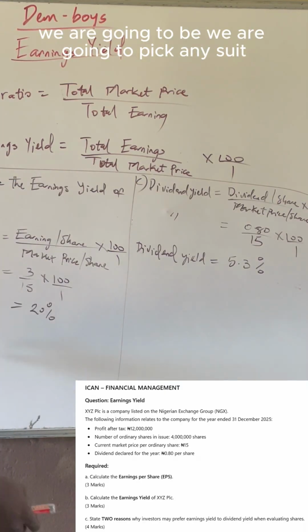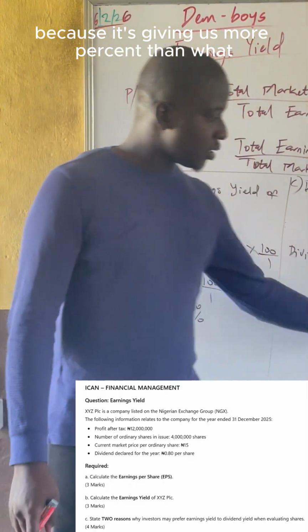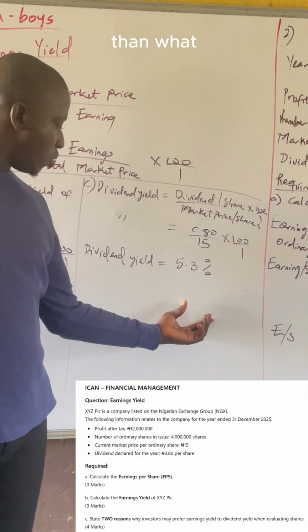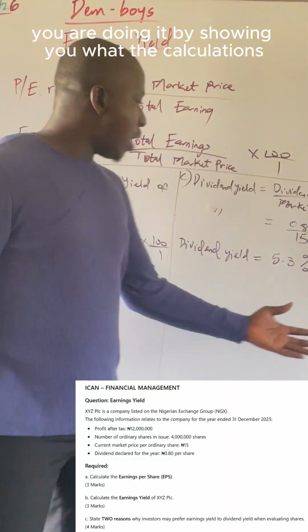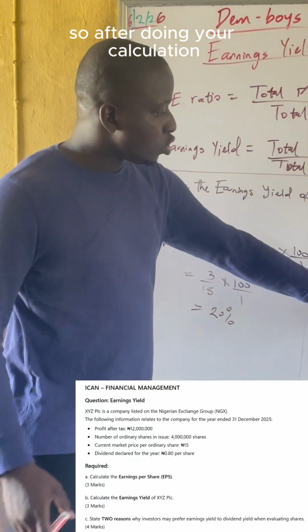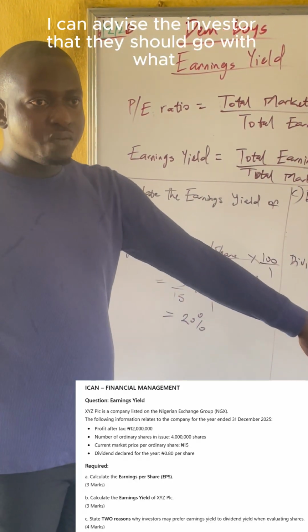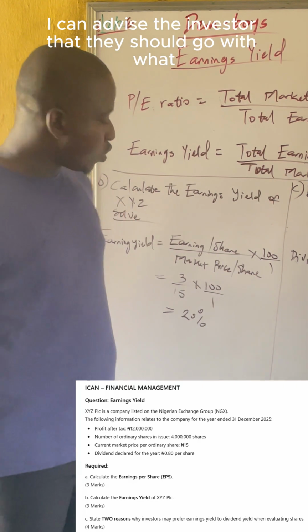We are going to pick earnings yield because it's giving us more percent than dividend yield. After doing your calculation, you then explain that, based on the calculation, I can advise the investor that they should go with earnings yield.